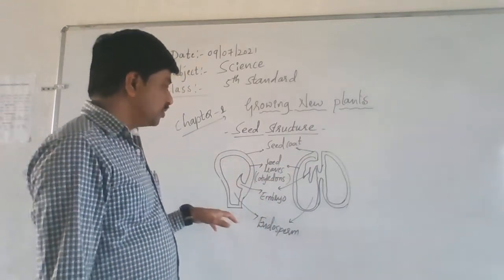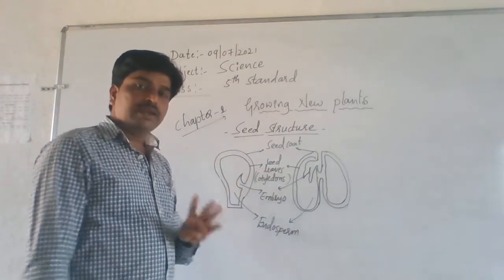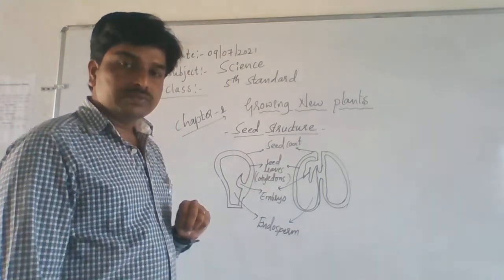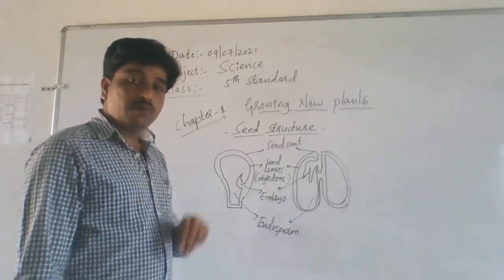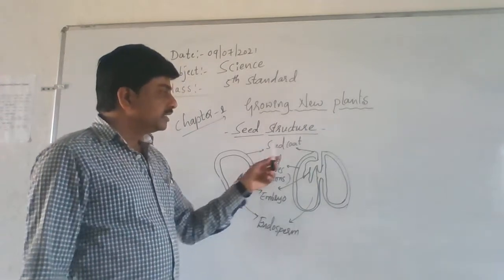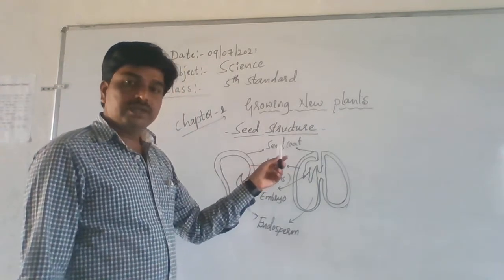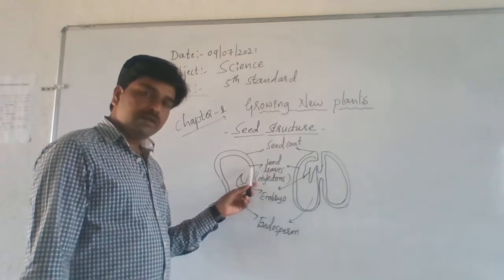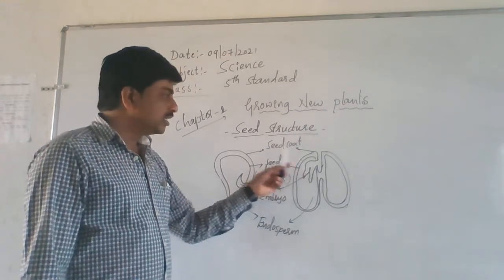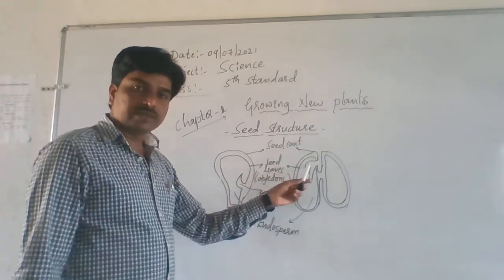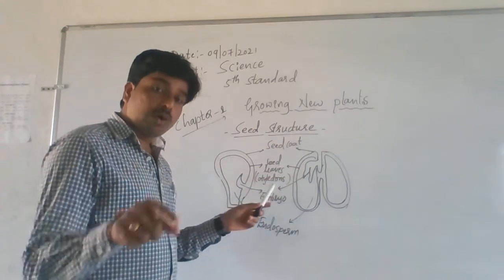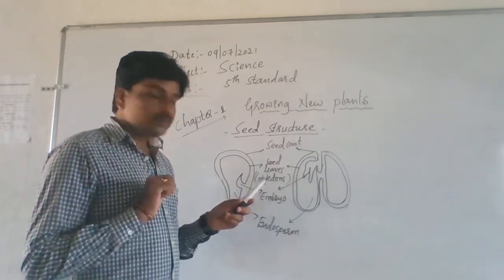See students, the seed basically has 4 parts. First one is the seed coat. Second part, seed leaves are there inside the seed coat. These seed leaves are also called cotyledons.